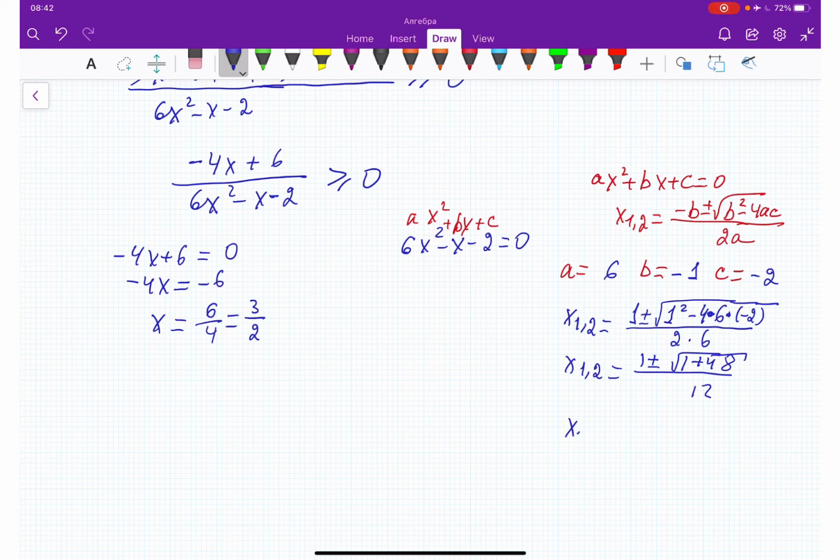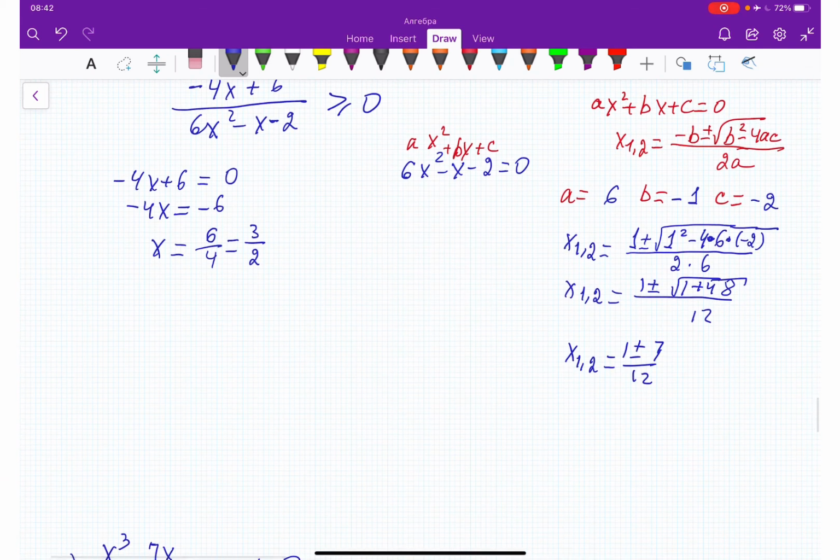So x1, 2 is equal 1 plus minus 7 over 12, right? So from here, x1 is equal 1 plus 7 is 8 over 12. Reduced by 4, it's going to be 2/3.